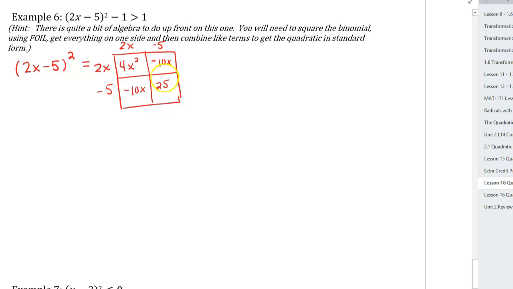So that's going to give us, if we combine our like terms, 4x squared minus 20x plus 25.